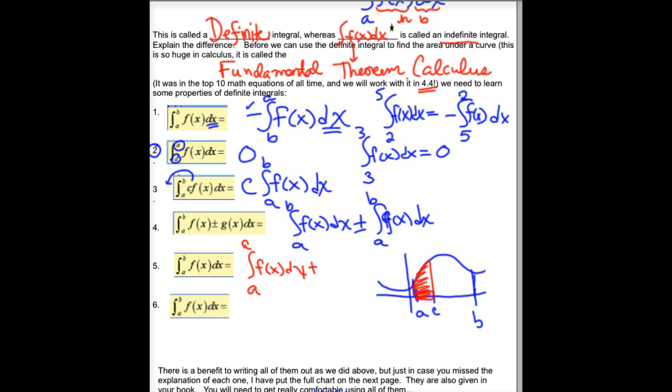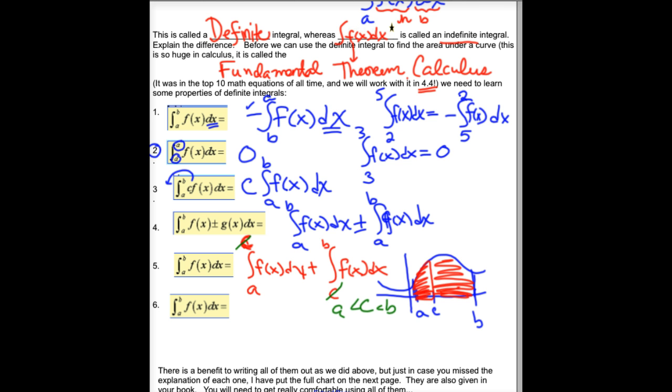Then I go from C to B, and I add them up. If you were to wipe that off, you'd be going from A to B. But really geometrically, you can just add up the 2 as long as C is something between A and B, obviously.